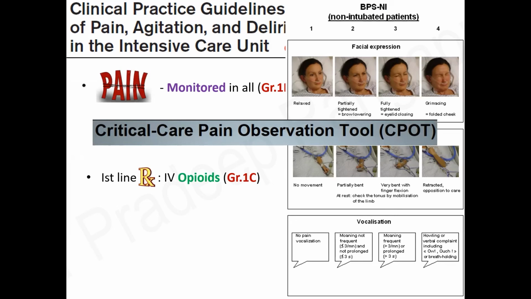The first line of treatment for pain in ICU is opioids, IV opioids, and this gets a strong recommendation with some evidence, grade 1C. Non-opioid analgesics like acetaminophen or any other drugs you would be using get a weaker recommendation, grade 2C. So our first line of drugs for treating pain is opioids in intensive care.